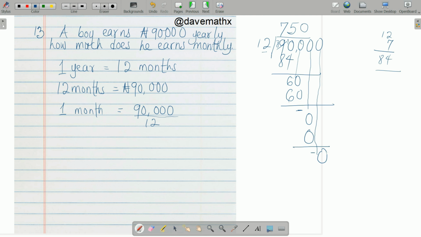Afterwards, I'll drop the last 0. I will still get 0, with no remainder. And finally, my answer is 7,500, meaning the boy gets 7,500 naira monthly.